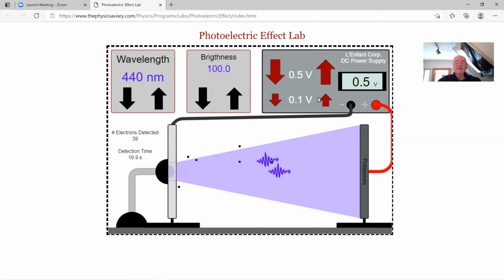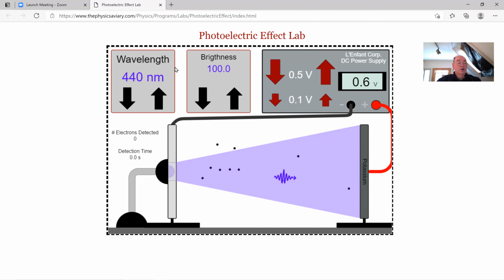Watch when I pick up the voltage by one little bit. Just pick up that wind a little bit to 0.6, and I stop them all. Every single one gets stopped in its tracks, even though I haven't touched the brightness. The brightness is not the factor creating this maximum energy. It's only the light's color. I was able to stop it just by picking up the voltage by 0.1.